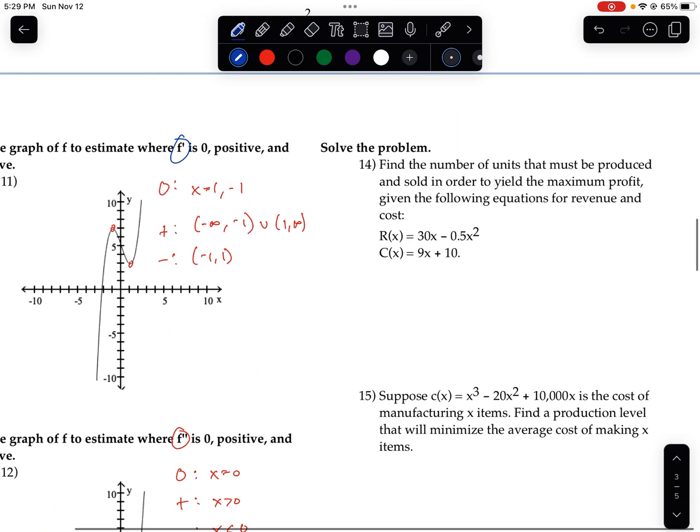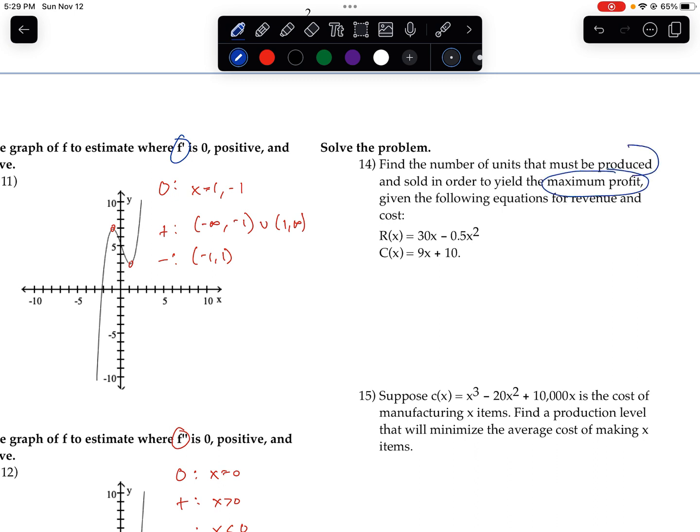Okay, find the number of units that must be produced and sold in order to yield the maximum profit given the following equation. So maximum profit for a production level will occur if r prime of x is equal to c prime of x.